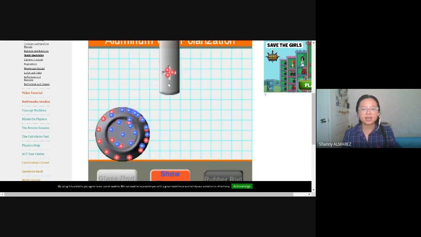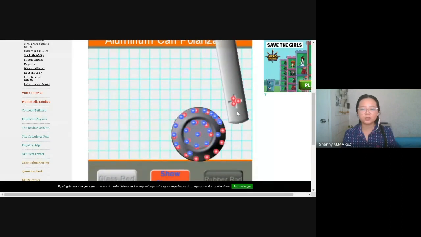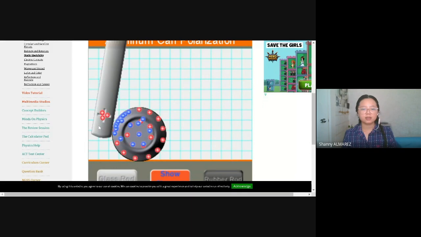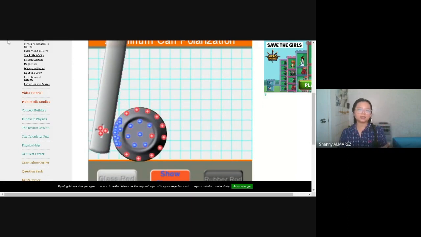So, ano nangyayari sa kanya? Kung saan ko dalhin yung positively charged object, na-attract. Ano yung na-attract? The negatively charged. Tama? So, the electrons on the neutrally charged can are attracted to the positively charged object. And since the electrons are attracted, nagkakaroon tayo ngayon ng realignment of charges.